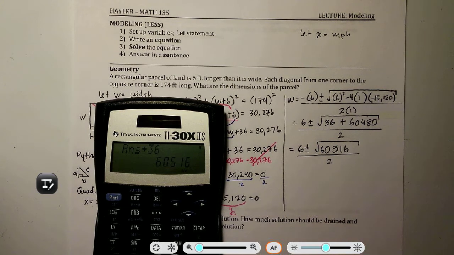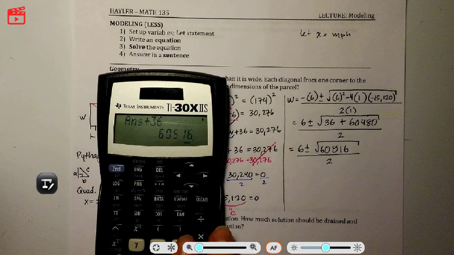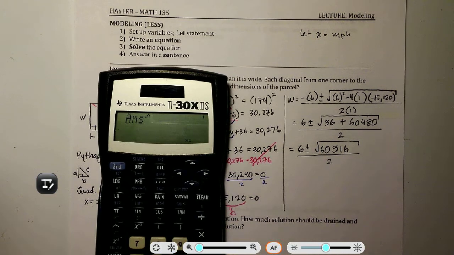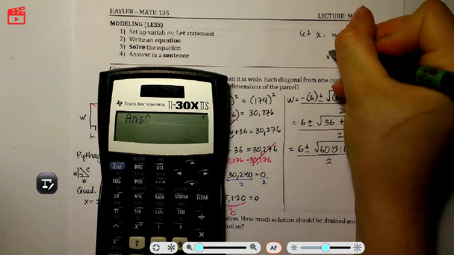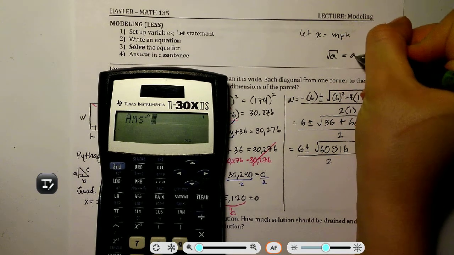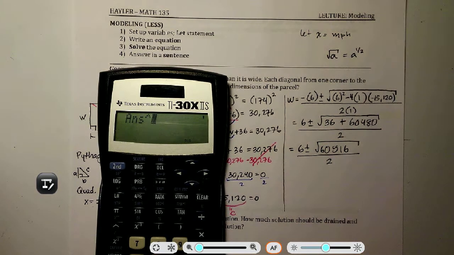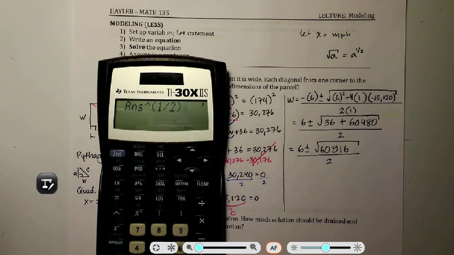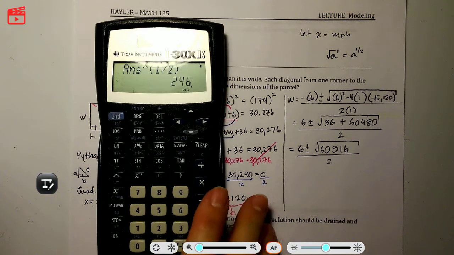So to do that, on my calculator, I'll go ahead to the caret. Let's see if you can see that. Remember, square root is the same as the half power. So square root of a is the same as a to the half. So we're going to raise this to the half power. Okay, press enter.